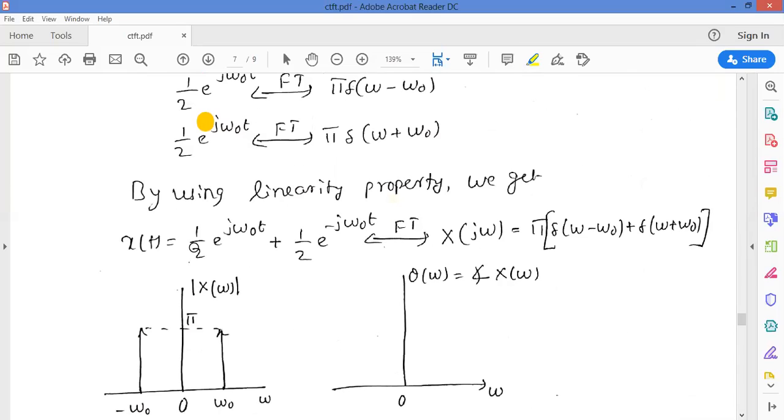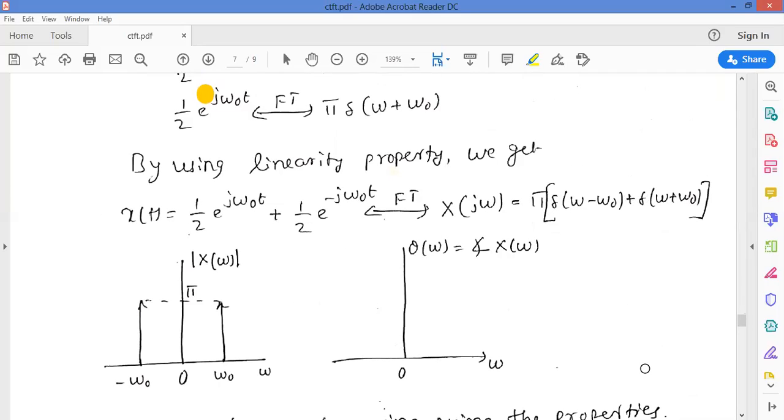That Fourier transforms into X(ω), which is equal to, adding these two, π δ(ω − ω₀) plus π δ(ω + ω₀). So you have two delta signals, one at ω₀ and another at −ω₀, each with an amplitude of π. If you normalize the signal by dividing by π, the amplitude will become equal to 1.